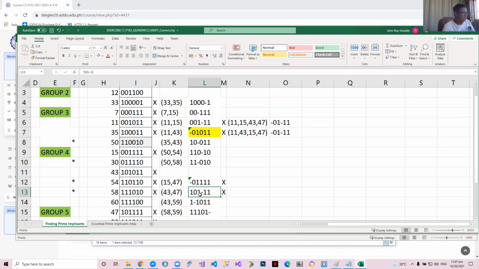How about this? Are they the same? They differ in the first and fourth, so it cannot be. Okay. So third to fourth. This has 3 ones, this has 4 ones. How many ones are here? 5 ones. Right? There are already 5 ones here.